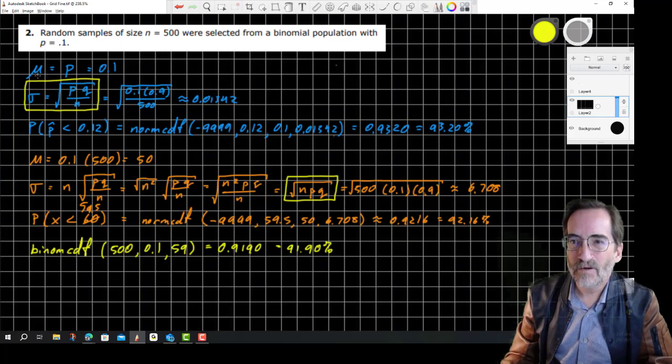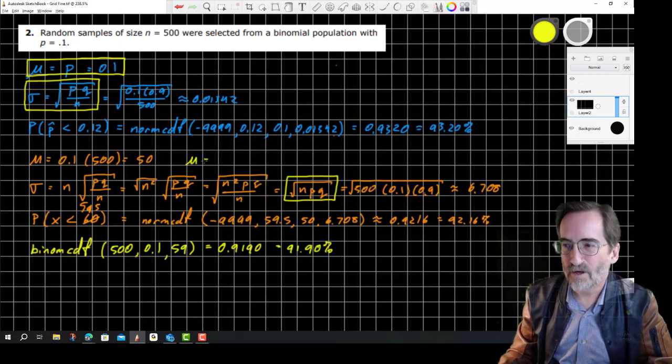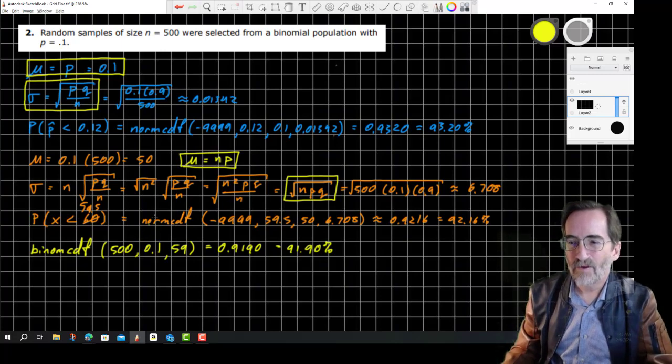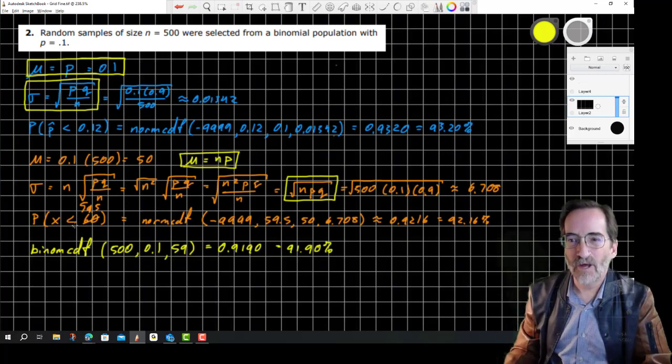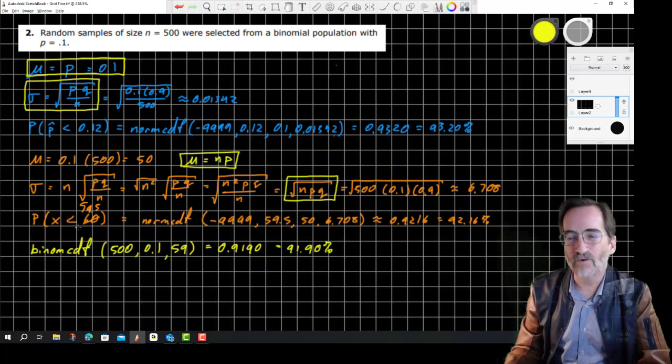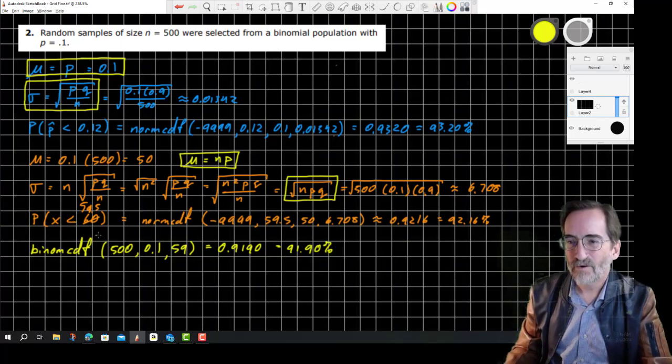And the mean of the p hat proportion is 0.1, whereas the mean for the total, the sum of the count instead of the ratio, is np, right? And then we can adjust by a factor of a half, to move it left and right a little bit, depending on whether we're doing a less than or a greater than situation, right?